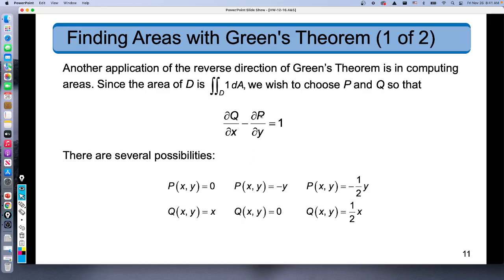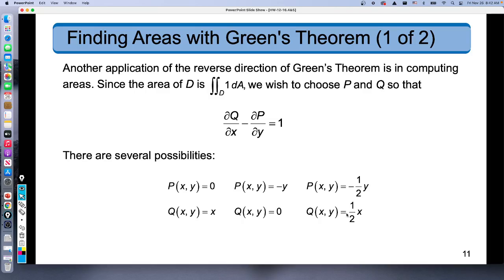We could let the function P of x y be negative y, so when you take its partial with respect to y, you get negative 1, the negative makes it positive, Q is 0, so we get a sum of 1. Lastly, we could have P equal negative 1/2 y and Q equal 1/2 x. Again, if you do that, you get 1/2 minus negative 1/2, which is 1/2 plus 1/2, which gives you 1. So these would also be functions that make it work.